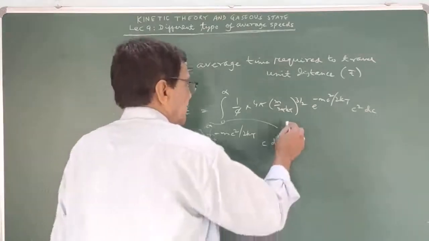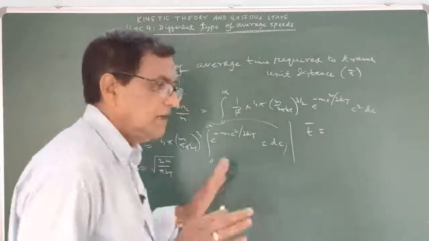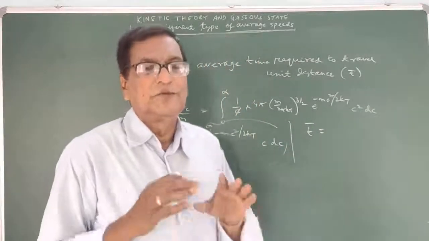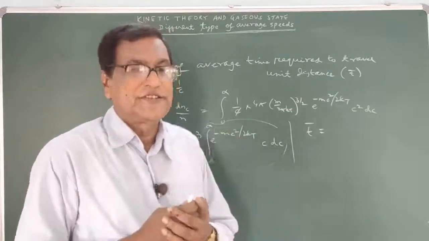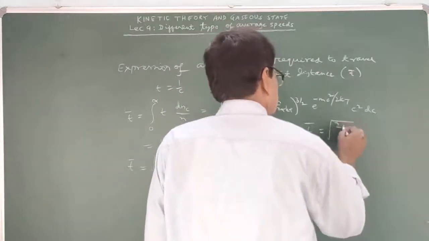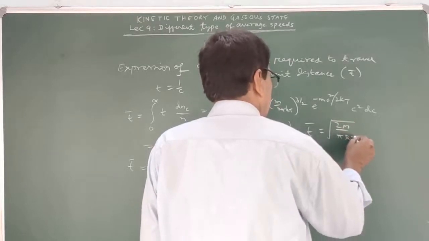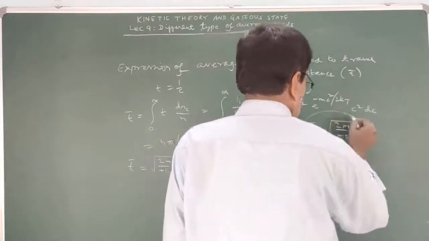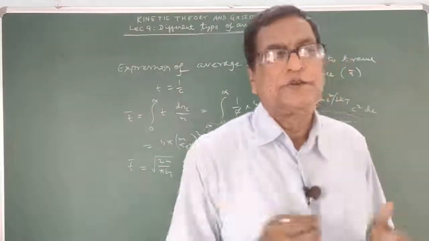Or you can write this T bar, the average time required for the molecules to travel unit distance, is equal to root over of 2 capital M divided by pi RT. And from this expression you can calculate any problem if it requires.